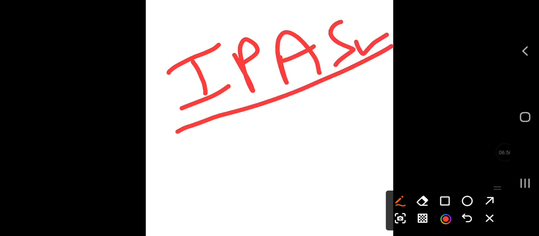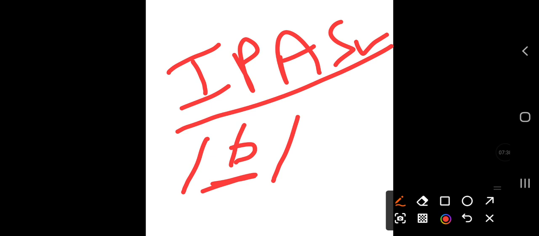IPA symbols are always represented in a slanting bar. Listen carefully, this is the rule. Slanting bar means if you are writing b, you have to write it this way. Second rule, IPA symbols are always represented with small letters, and cursive writing cannot be written inside the bar.